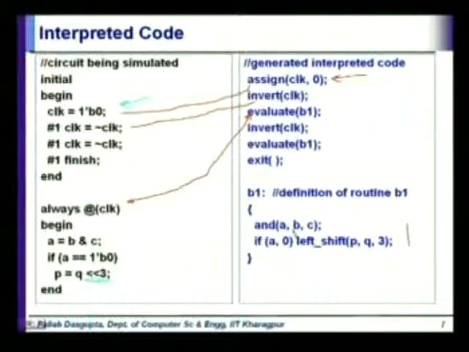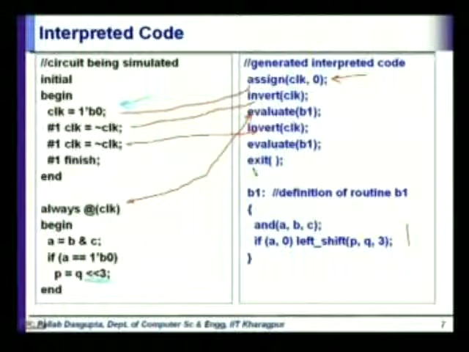And then after that we again invert clock, this corresponds to this one. And then again this change is going to trigger this one, so we call evaluate B1 again, and then finally it reaches here which calls finish, so we have exit. Now note a few things here.